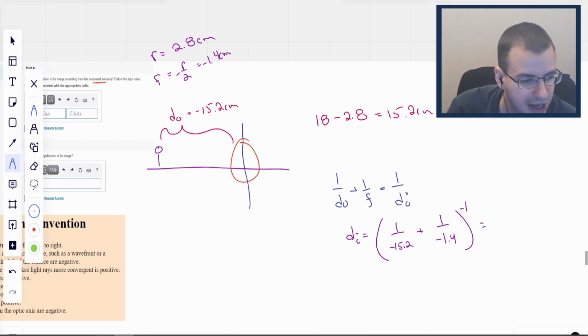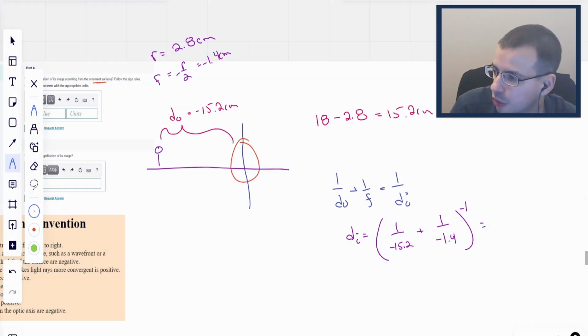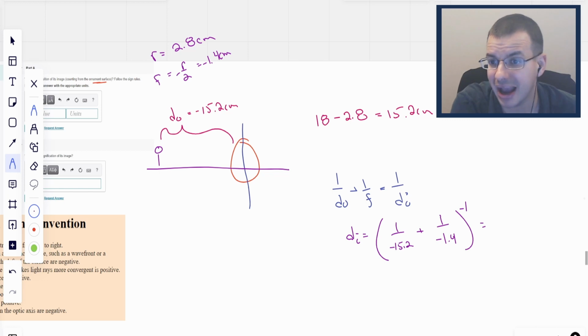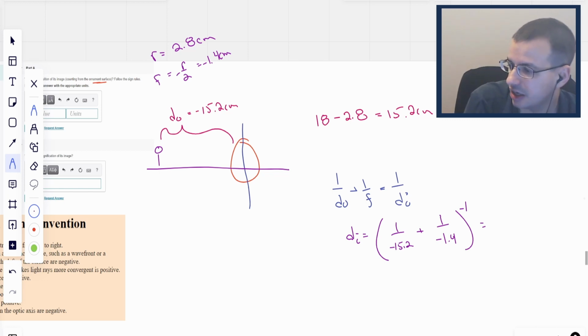Put this into a calculator. Good old Wolfram, old reliable. So we'll say 1 over negative 15.2 plus 1 over negative 1.4. We'll raise that whole thing to the negative 1 power. And that gives us an answer of negative 1.28 centimeters.